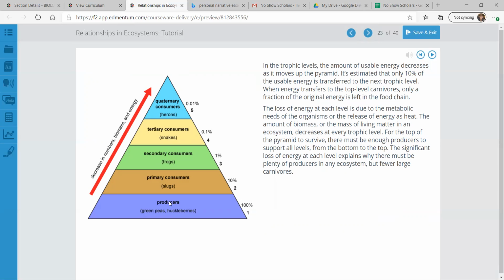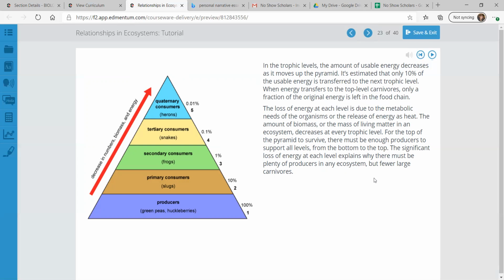Yeah, so 100% and then 10% to the next level, and then 10% of that, and then 10% of that, and then 10% of that. So 10 to 1 to 0.1 to 0.01. When energy transfers to the top level carnivores, only a fraction of that original energy is actually left for them in the food chain.